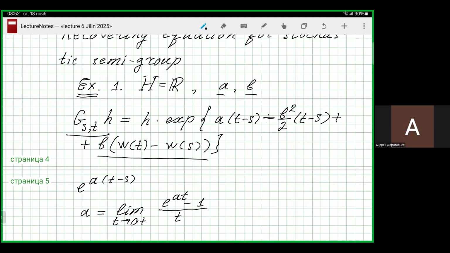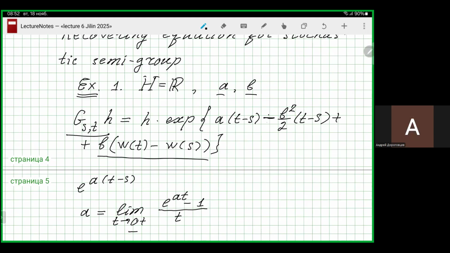Firstly, we have no theorem in analysis which gives us a limit containing a Wiener process. Second, to recover the Wiener process, we have to recover all its increments, not only at zero.